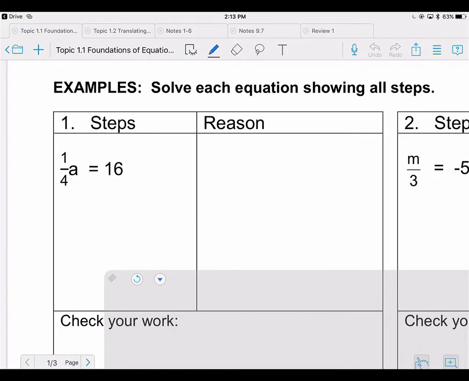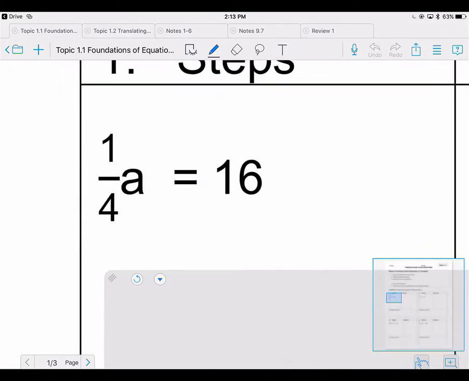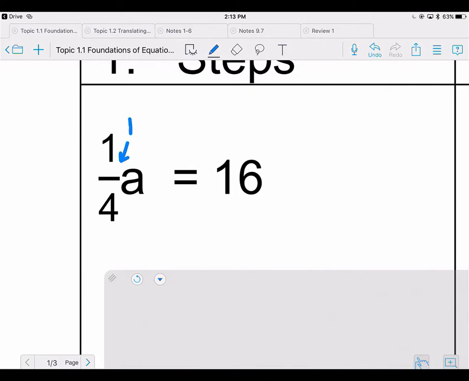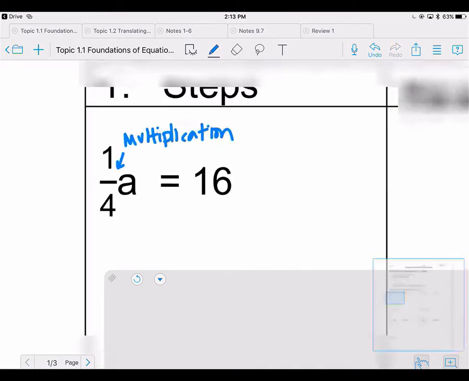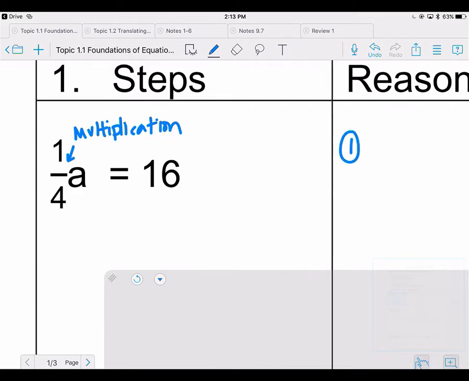For example, 1/4 and a are being multiplied. There's an invisible multiplication symbol in between those. So we are going to divide because we need that 1/4 to move to the other side.